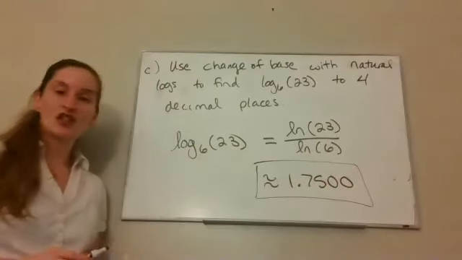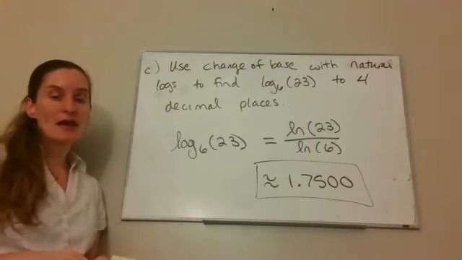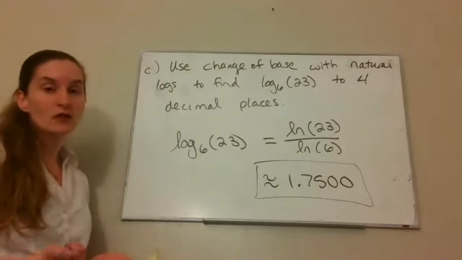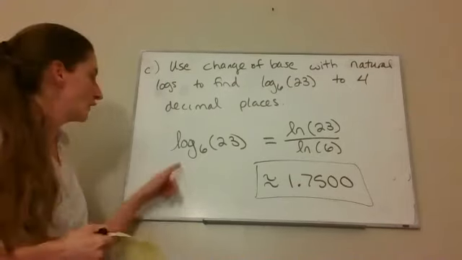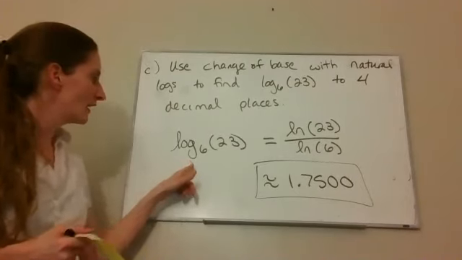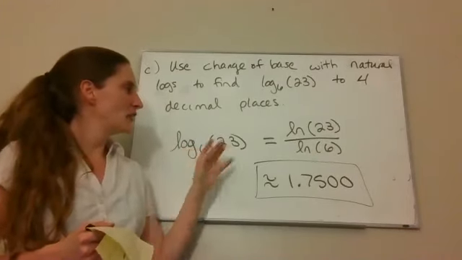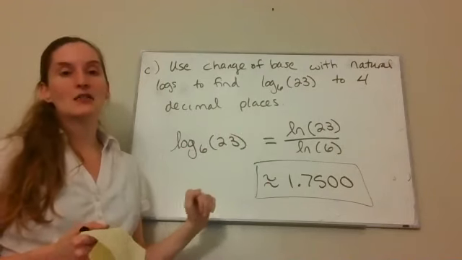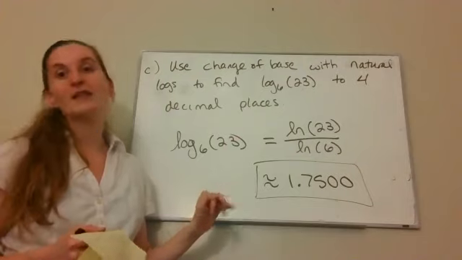So when you're using the change of base formula, it does not matter if you change to common logs or to natural logs, you're still going to get the same result. This log base 6 of 23 is always exactly equal to log of any other base of 23 divided by log of any other base of 6.